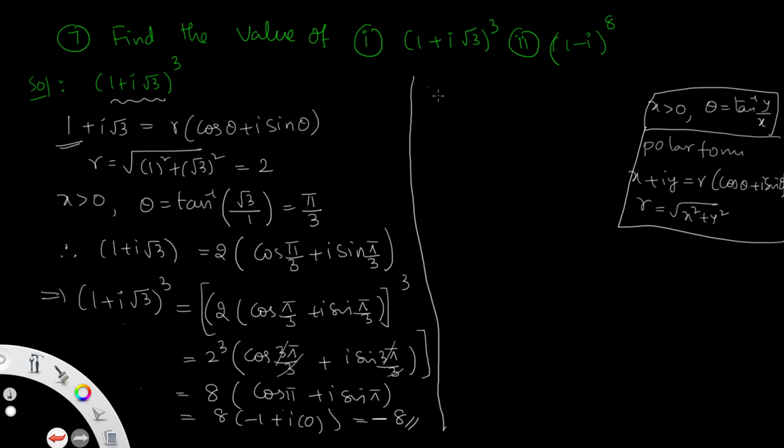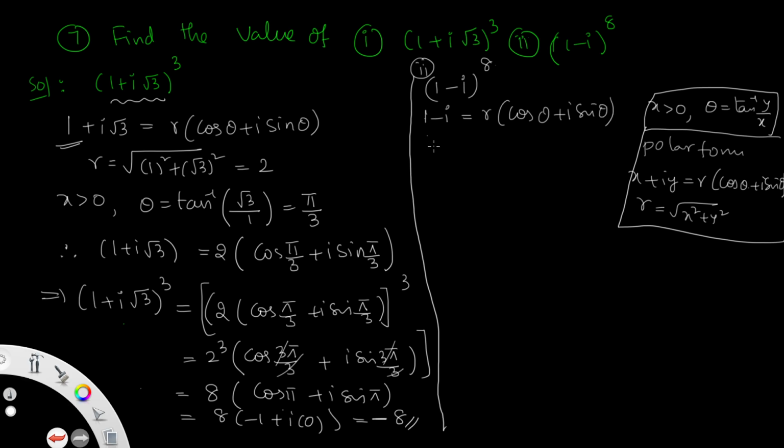In the similar way, question number 2 is given: 1 minus i whole to the power of 8. So this also, first you have to write as r into cos theta plus i sin theta.